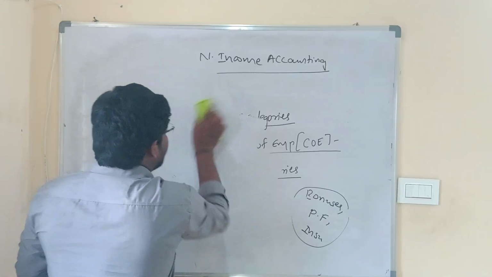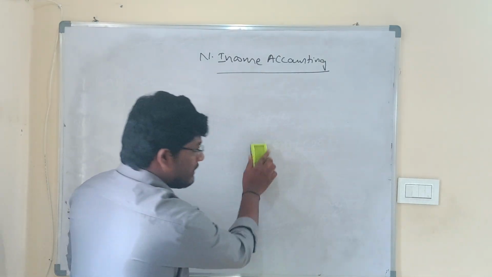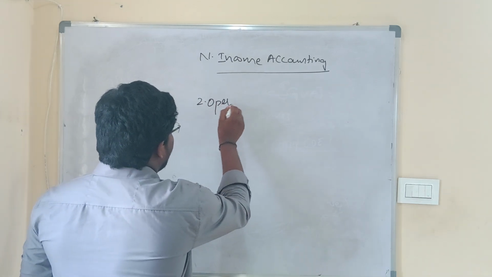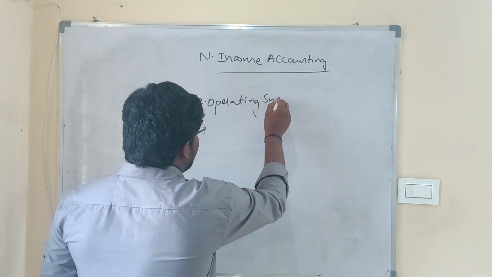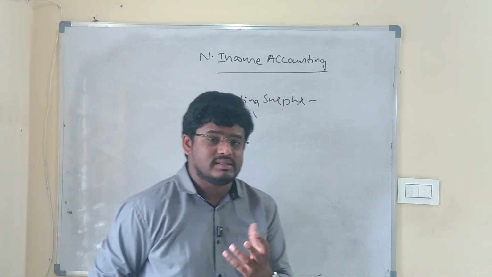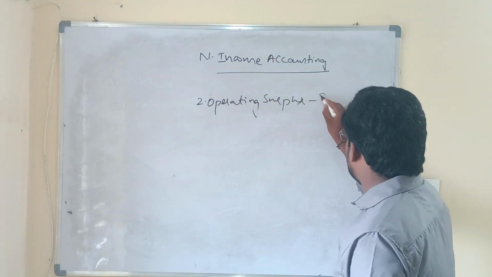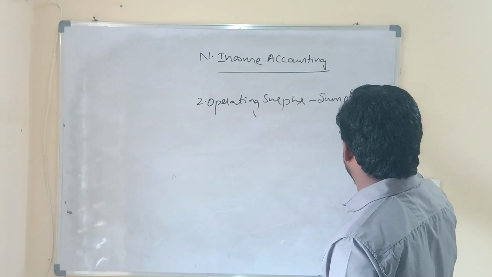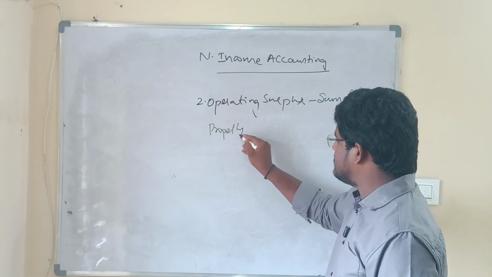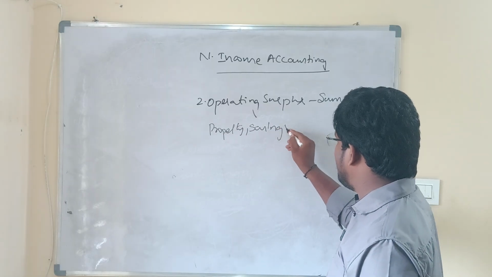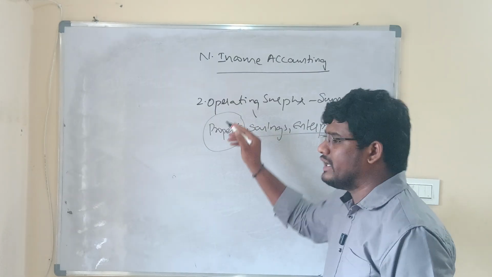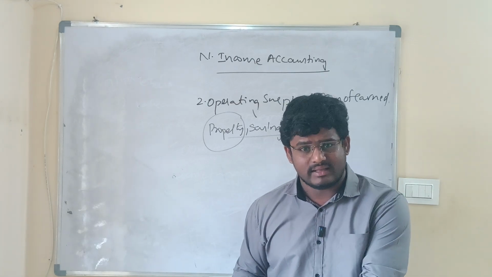Now the second category which we are going to understand apart from compensation of employees is referred to as operating surplus. Now what is this operating surplus? Whenever I talk about the term operating surplus, it simply means the sum of incomes earned from property, savings, and entrepreneurship. Whatever incomes are earned from the property, that is land, that is rent.